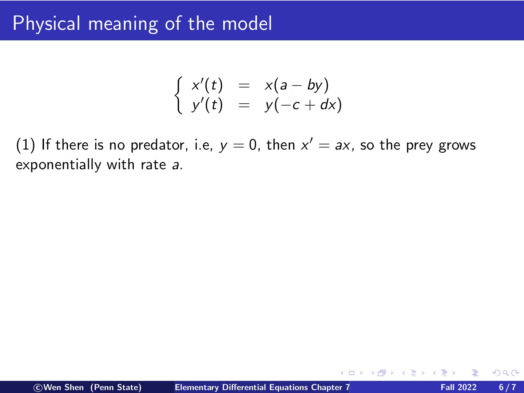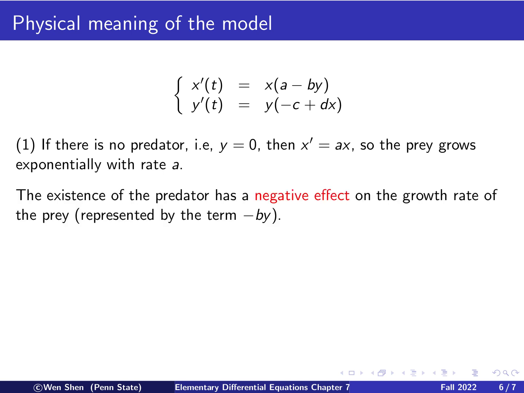So we see that we have an exponential growth, and the rate for the growth is a. This means when there is no predator, the prey will just grow exponentially with rate a. Such a growth is possible because of our assumption that the natural resource is abundant.